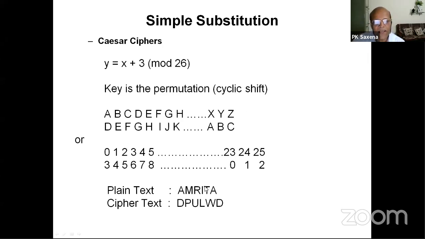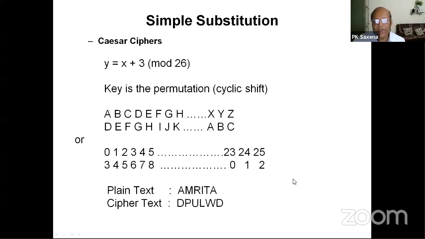So the plain text Amrita becomes DPULWD when there is a shift of 3. If we represent this mathematically, it is in fact the modular equation y = x + 3 mod 26.